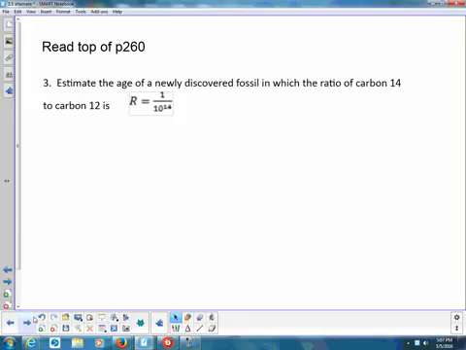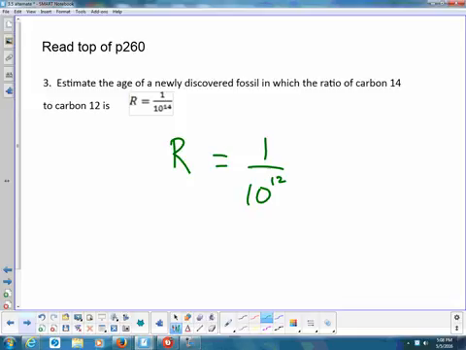So they give us the carbon dating model, which looks like this: R equals 1 over 10 to the 12th times e raised to the negative t over 8,223.